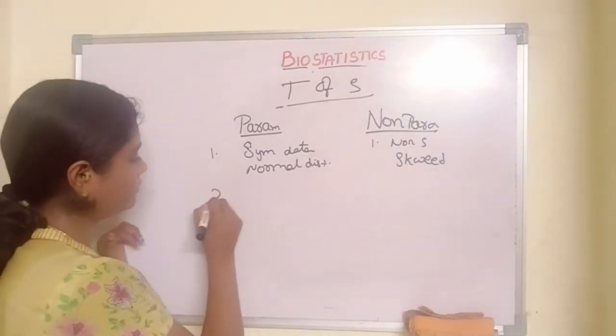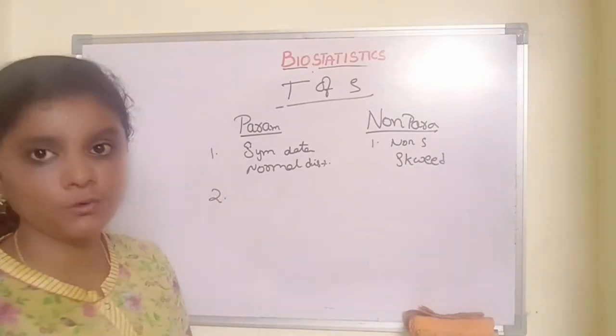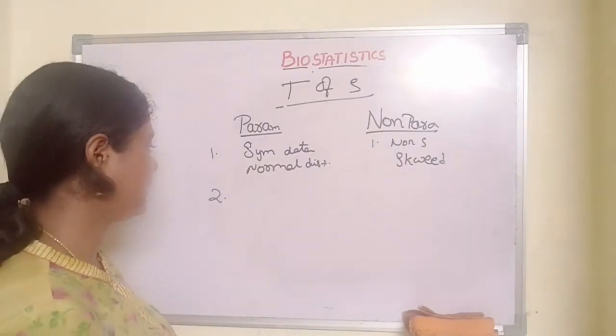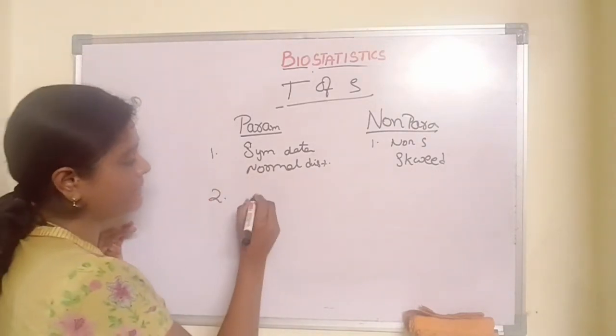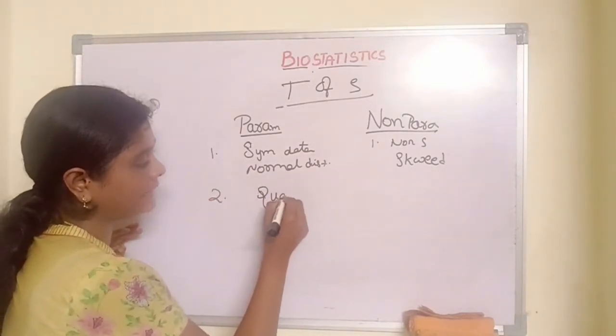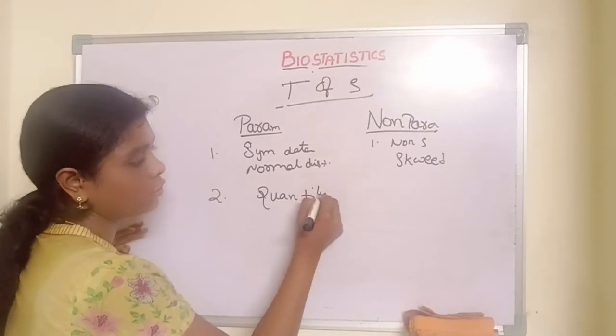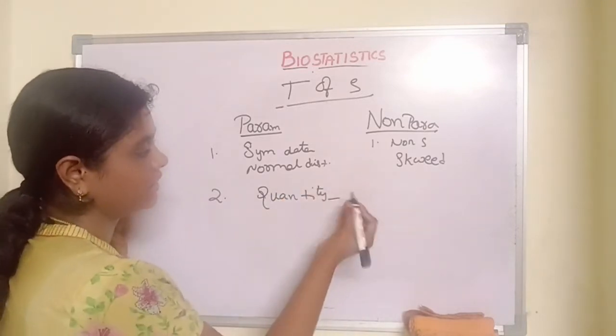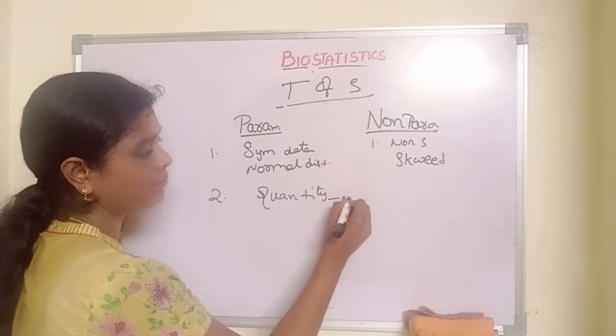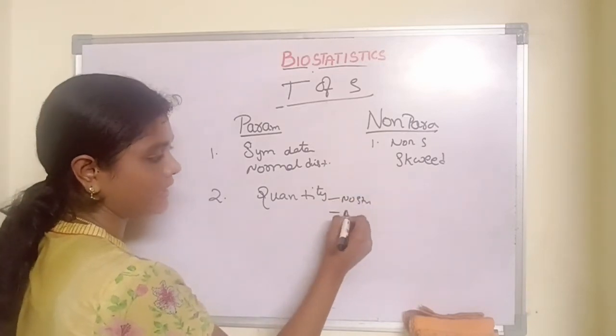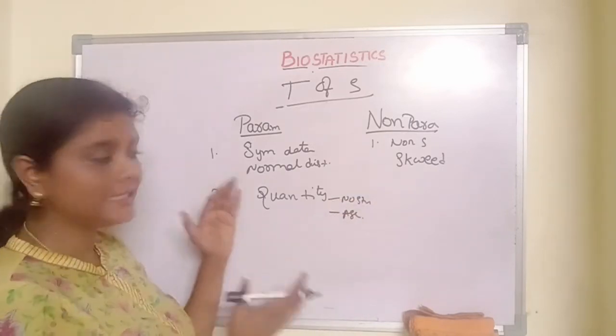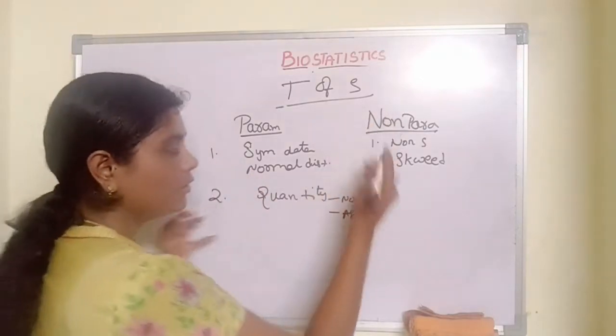Now, the next difference between parametric and non-parametric is that parametric tests measure quantity, such as numbers, number of students, age groups. They deal with quantity.